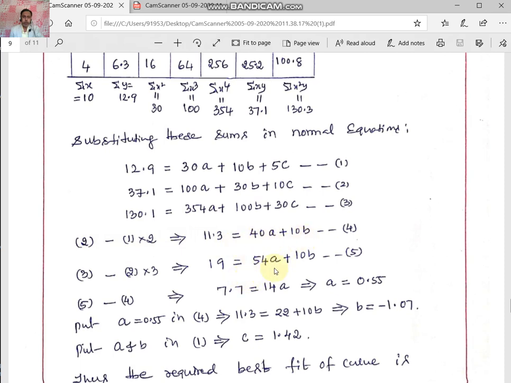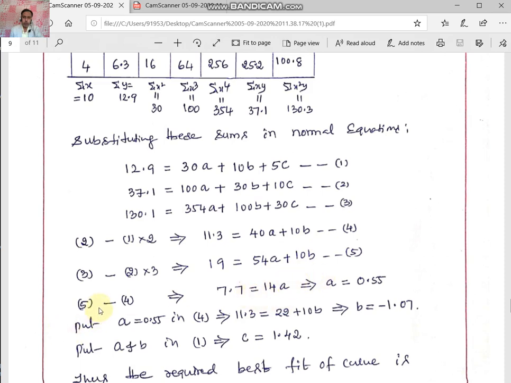Now similarly, multiply equation 2 by 3 and subtract that result from equation 3, that is 3 minus 2 into 3 gives 19 is equal to 54a plus 10b. So we got two equations in two unknowns called a and b. We can solve these two equations and find a, b values.